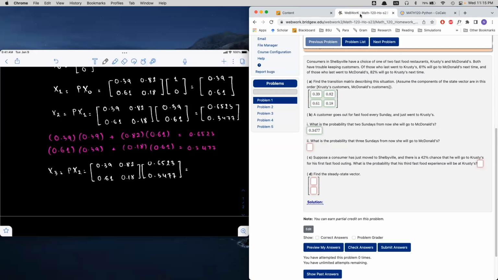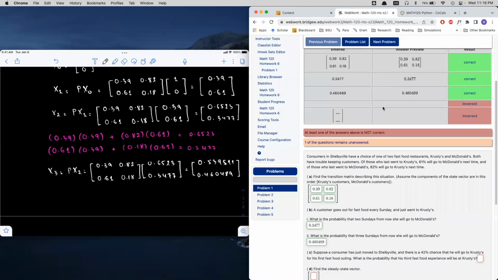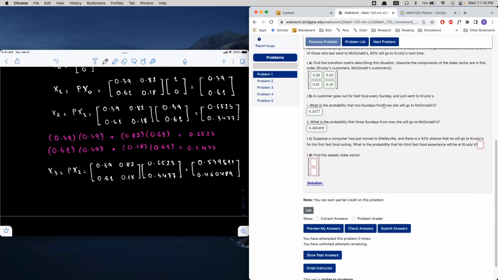This is what you get: the first one is 0.539511, the second one is 0.460489. This is still for McDonald's, so the probability is 0.460489. Check your answer. Okay, good. Now I'm going to move on to part C and part D.